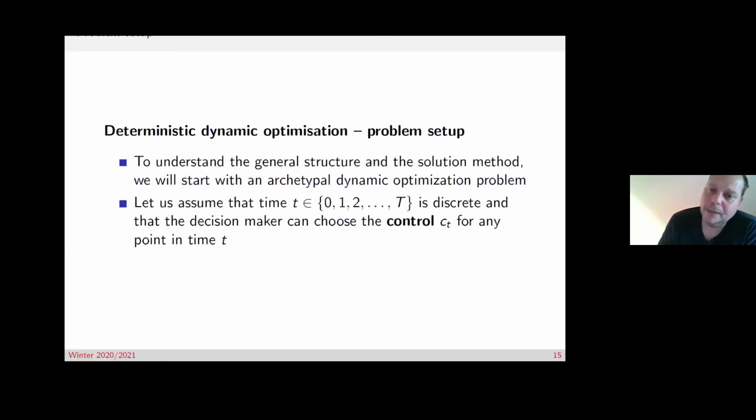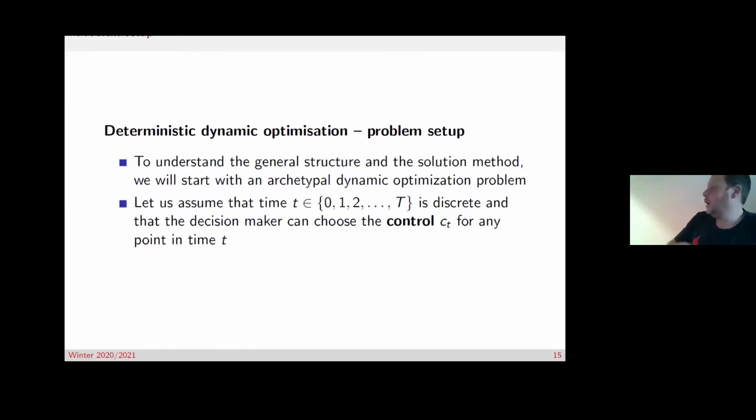So at any point in time, the control variable c_t can be chosen, maybe under some constraints or restrictions, or maybe totally unrestricted. We are very open to that. The control can be picked at any point in time. So you could pick some control at point in time 2, and at point in time 3, you just pick a totally different control. This is the same as with the self-driving car.